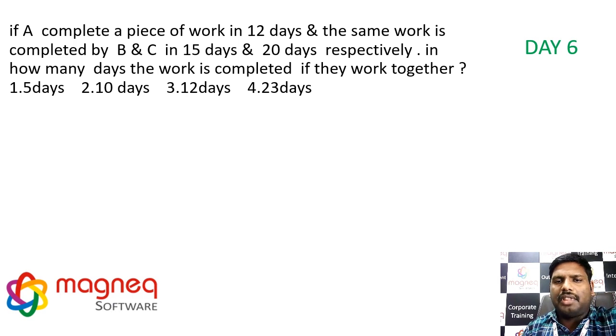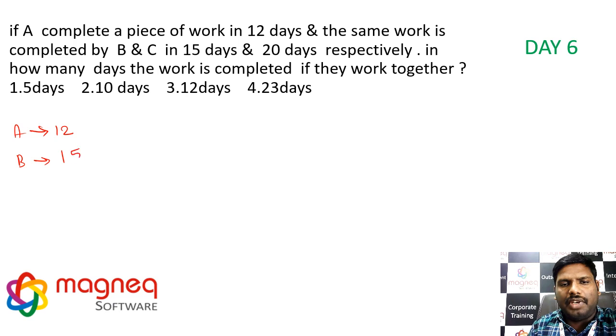If A completes a piece of work in 12 days, the same work is completed by B and C in 15 days and 20 days respectively. In how many days is the total work completed if they work together? So A's capacity is 12 days, B's capacity is 15 days, C's capacity is 20 days.